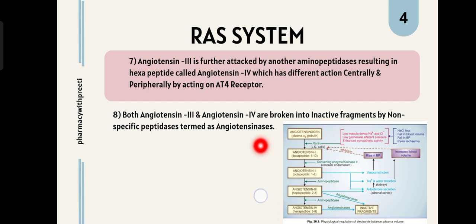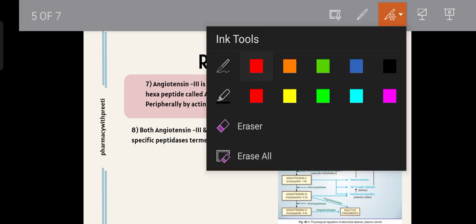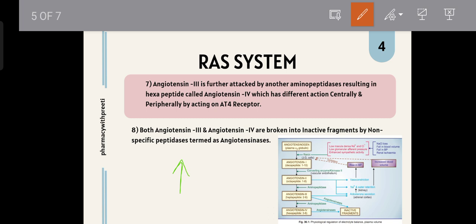So if the function of the RAS, that is the renin angiotensin aldosterone system, becomes abnormally active, then the blood pressure will be too high. There are several types of drugs, such as ACE inhibitors and direct renin inhibitors, which interfere with this mechanism in order to improve the blood pressure.